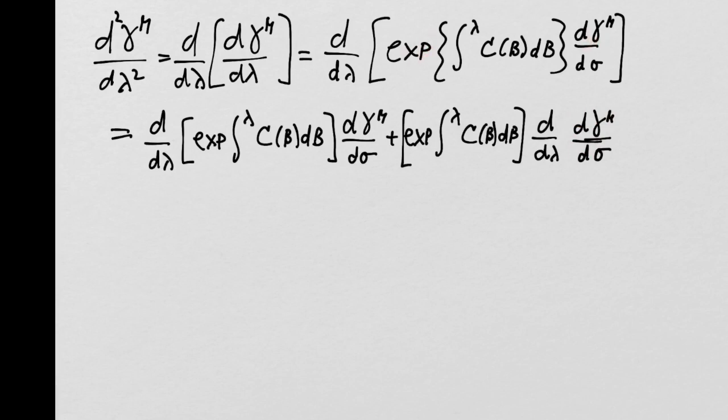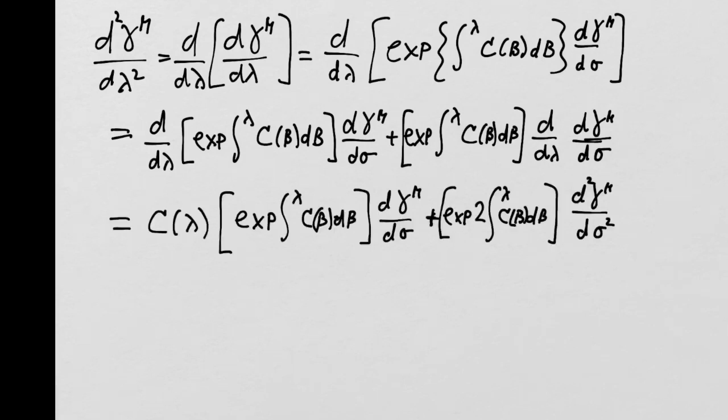We're just taking derivatives at this point and expanding using the product rule. Then the next step is we execute this derivative. We're looking for the derivative with respect to lambda of this function. Well, for any exponential function, its derivative is going to be the exponential function itself times the derivative of its argument.